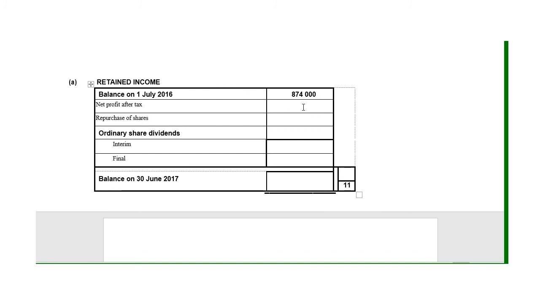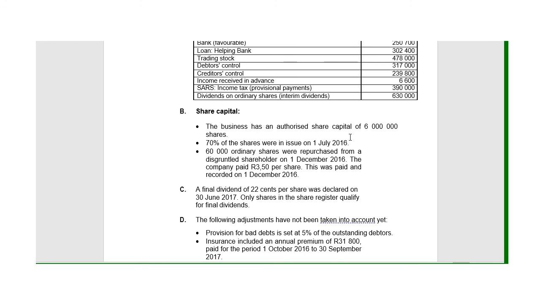Good, so now that I know what I'm looking for, it may make it a bit easier. So the first thing is the net profit after tax.